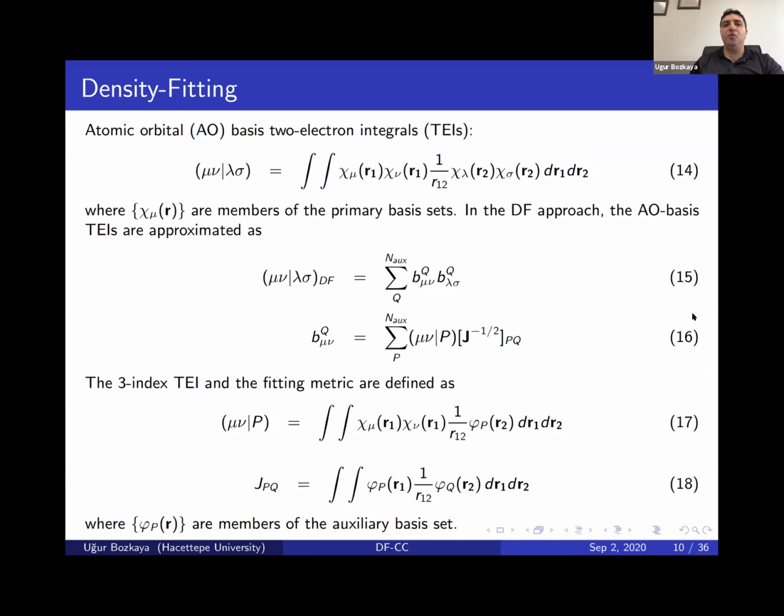In the DF approach, this AO basis tensor can be written in terms of these 3-index DF factors, and the explicit form of the DF factor can be obtained by this equation. Here, (μν|P) is the 3-index 2-electron integral, and J_PQ is called the metric integral. What's important here is that in order to compute the metric, we need an auxiliary basis set in addition to the primary.